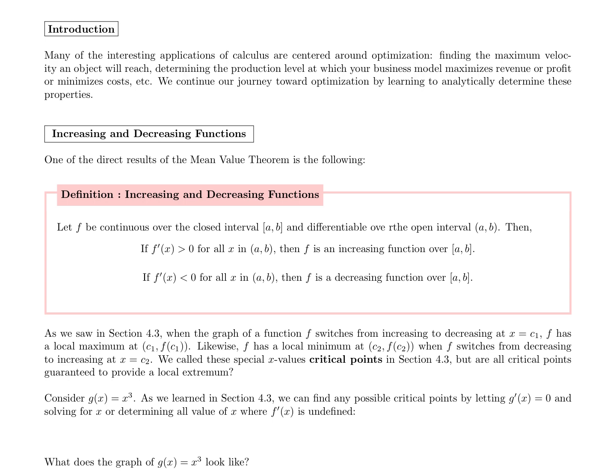If f prime of x is less than 0 for all x in our interval, then f is decreasing over that interval. So how does this come about from the mean value theorem? Remember that when we had a function that started at a and went to b, and we looked at the slope of its secant line, it means that somewhere along the way in that interval, we also had a tangent line with slope parallel to that secant line.